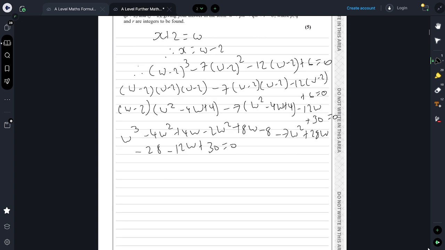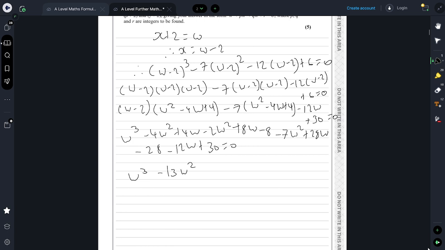Now we just bring all the terms together. So w cubed is the only cubic term. And then minus 4w squared minus 2w squared is minus 6, minus 7, that'll be minus 13w squared.